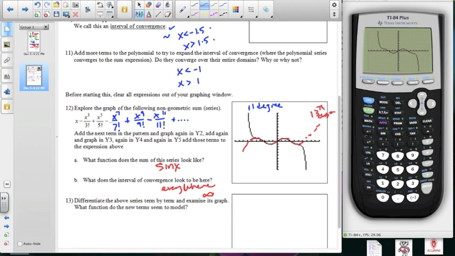If I come back up here and differentiate this term by term, this would be a 1. This would be 3x squared over 3 factorial, except it would be a minus there.